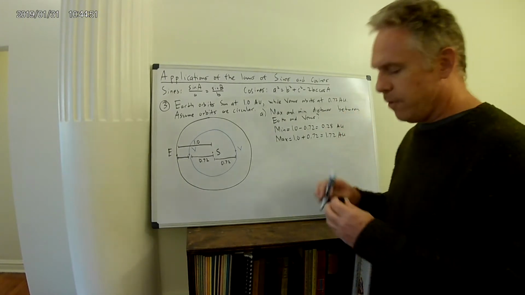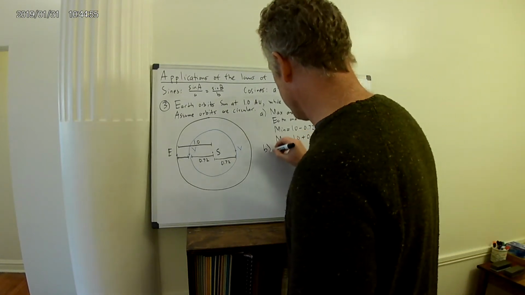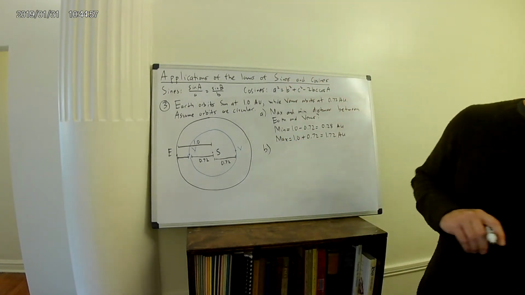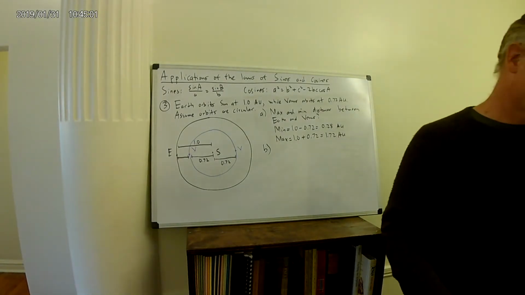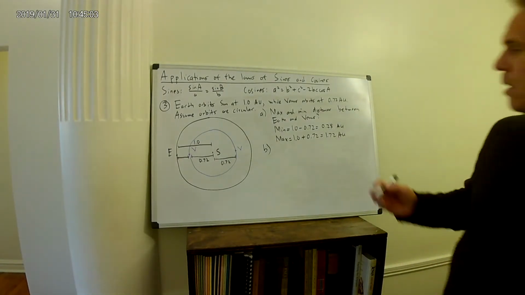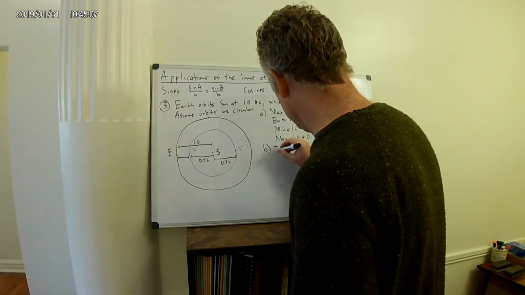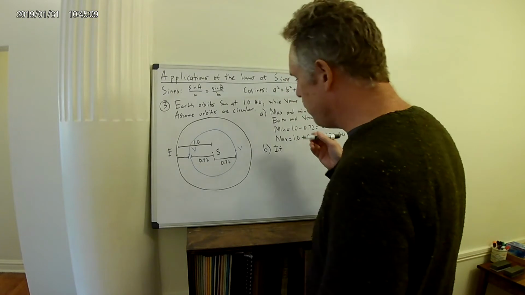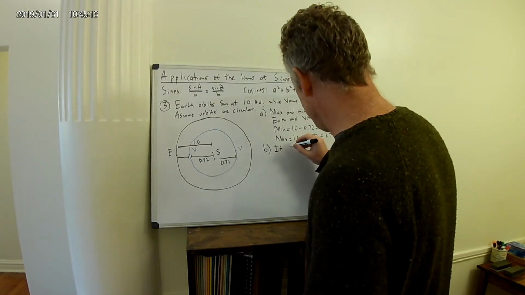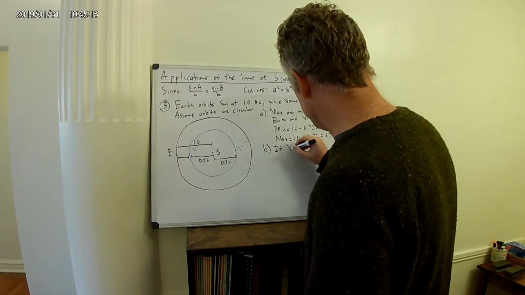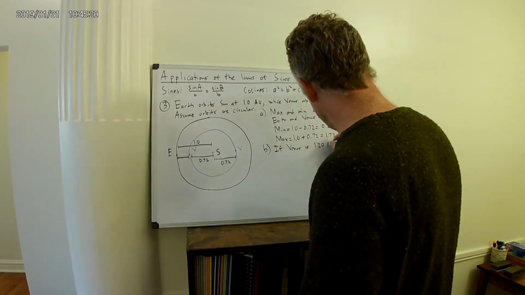Okay, so that's kind of a fun little part of this problem. It's kind of good to know those distances and how to calculate them. Okay, let's do another part of this problem. In the second part, let's suppose that at a certain point in Venus's orbit, the Earth-Venus distance is 1.20 AU.